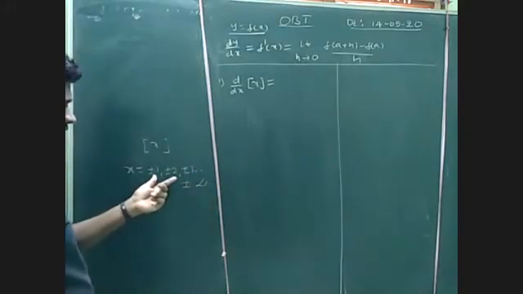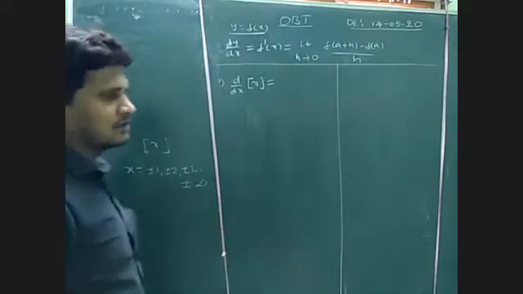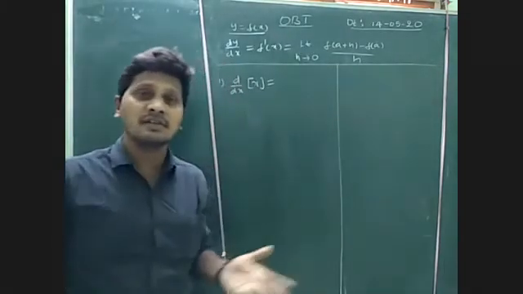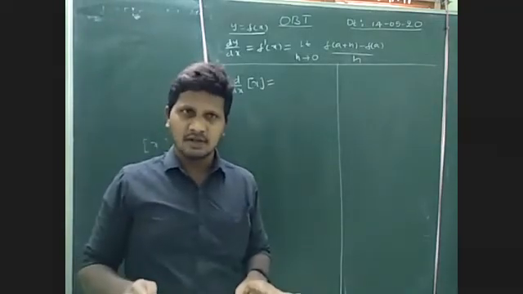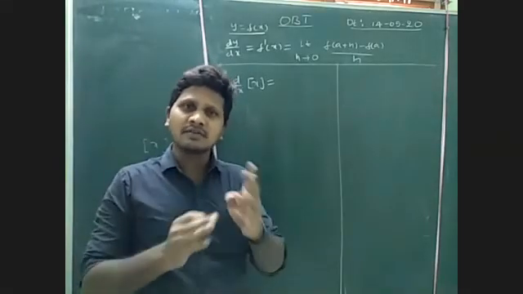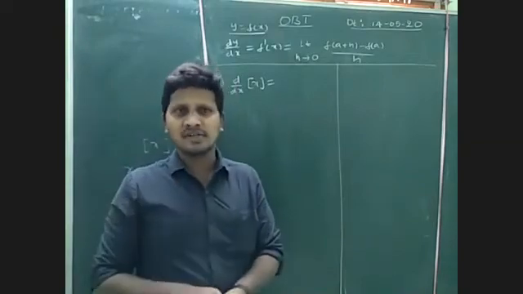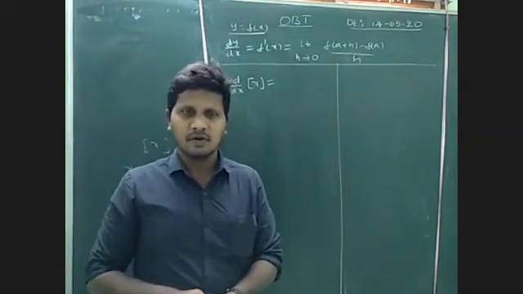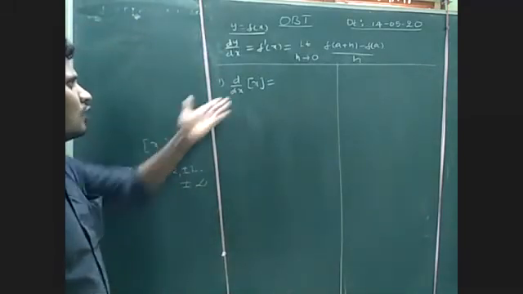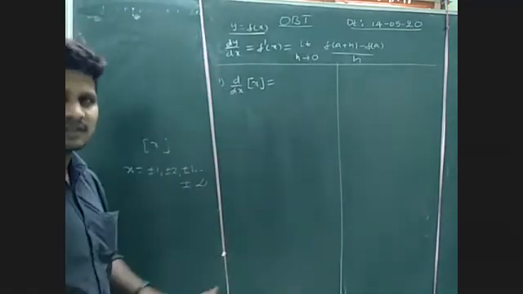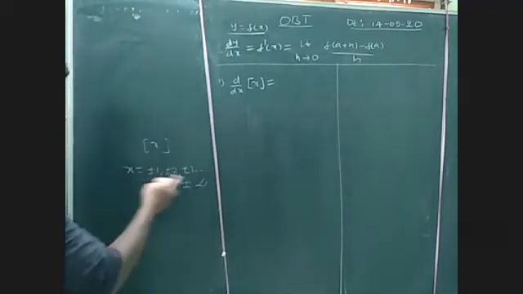So at each and every integer, [x] is not continuous. If it is not continuous, it is not differentiable. The derivative doesn't exist. Whenever it is continuous, we can check whether it is differentiable or not. So [x] is not at all continuous at integers. How will this derivative exist? It doesn't exist.